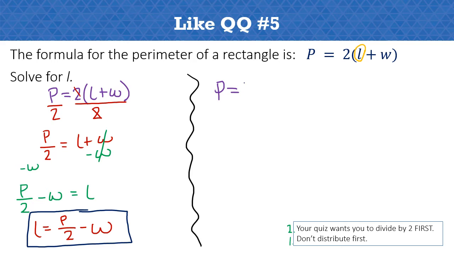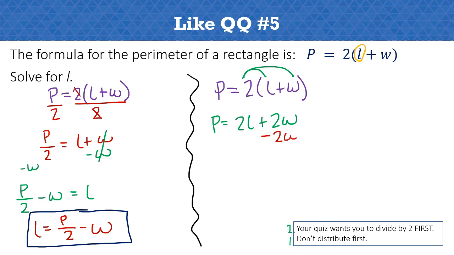So we have P equals 2 times (L plus W). If we distribute, remember the 2 gets multiplied by each of those, so we have P is equal to 2L plus 2W. Now there's no more multiplication in that, so we subtract 2W from both sides of the equal sign.